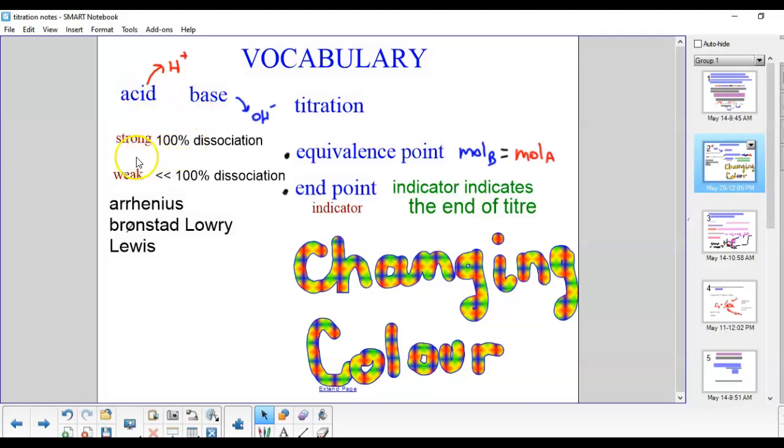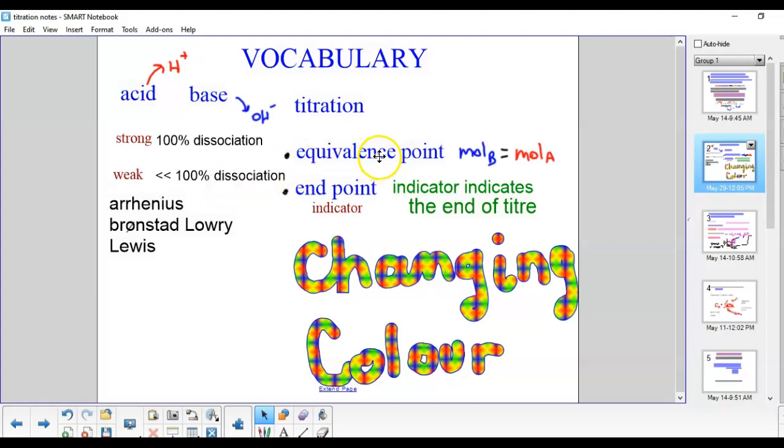We also need to know some terminology like a strong acid or base dissociates 100%. Remember, dissociation means it splits apart. And something that is a weak acid or base will dissociate much, much less than 100%. Typically, we're looking at the highest around 5%, quite often 1% or less.